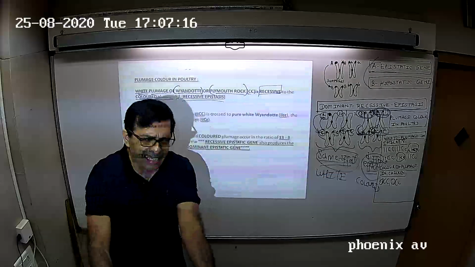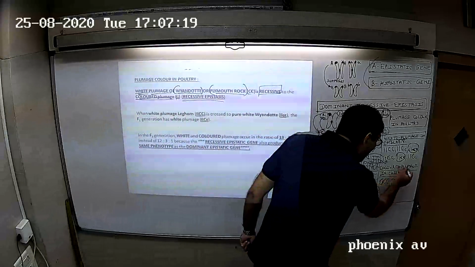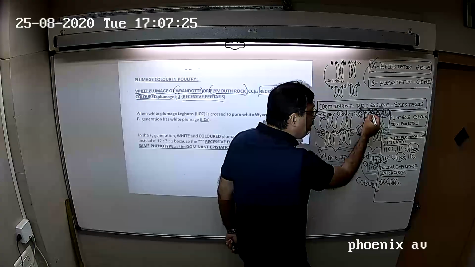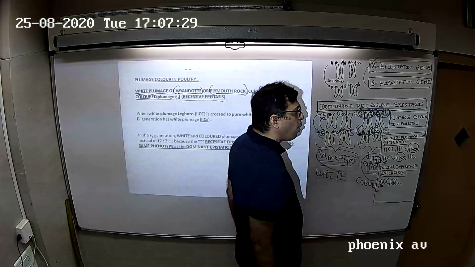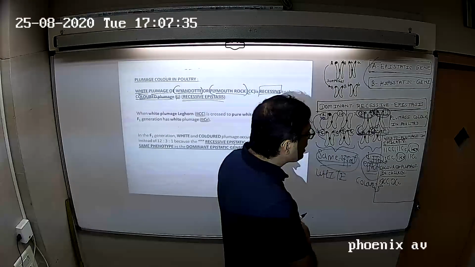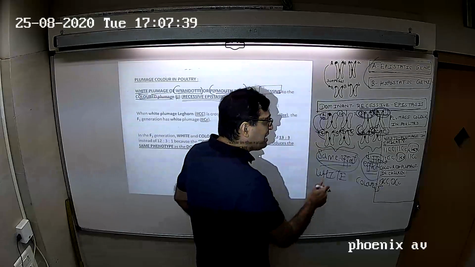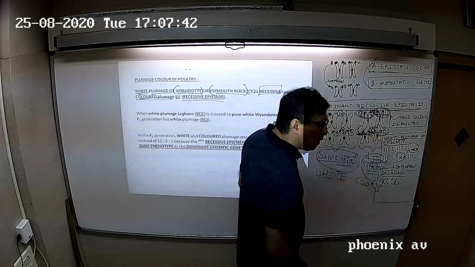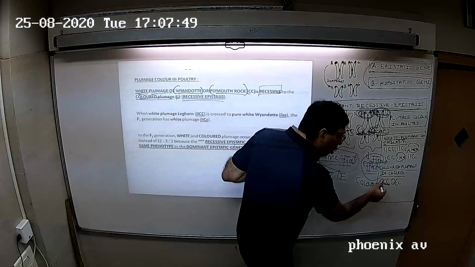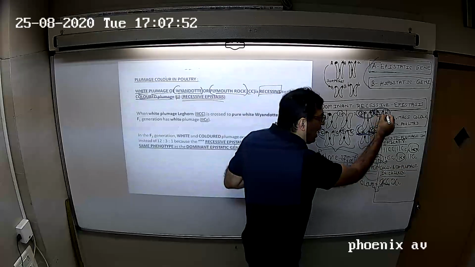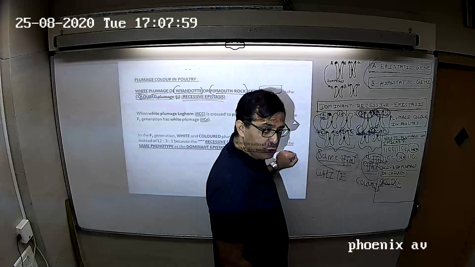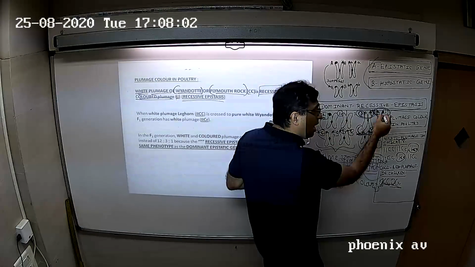So remember this much. Which combination is necessary for color? For color, small i must be there, and along with it, if there is capital C, then small i with capital C will show colored plumage, or small i with capital C, small c will also show colored plumage. And what has small i become?